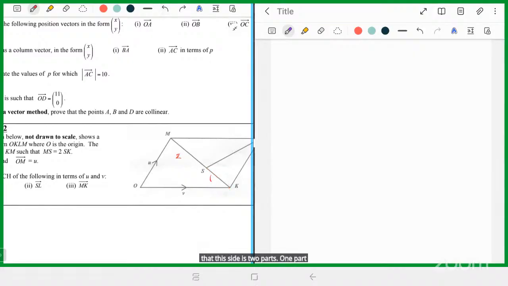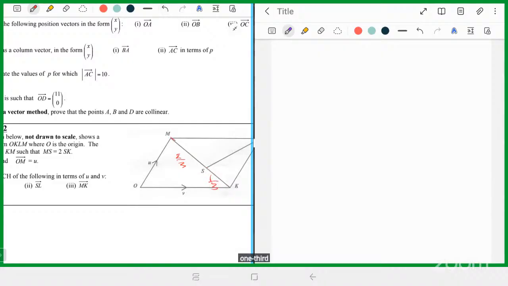So the total parts on this line across MK is 3, 2 plus 1. So in terms of a fraction, this part, M to S, is 2/3 of the entire line. And S to K is 1/3.